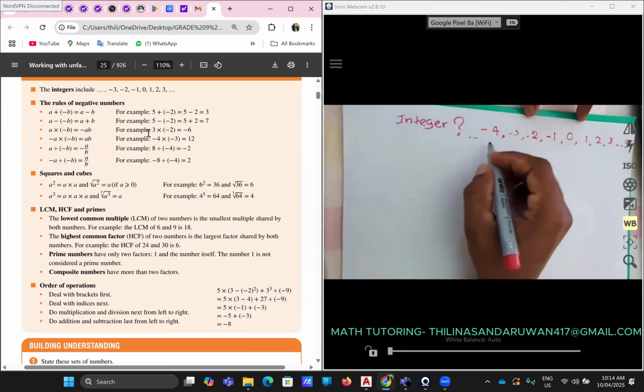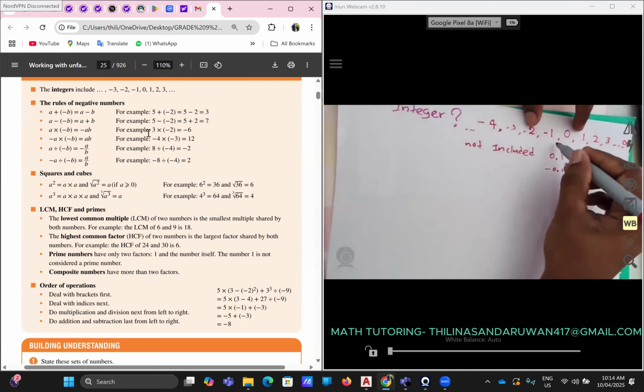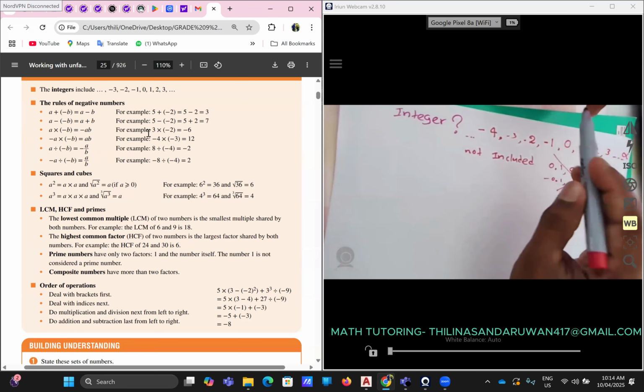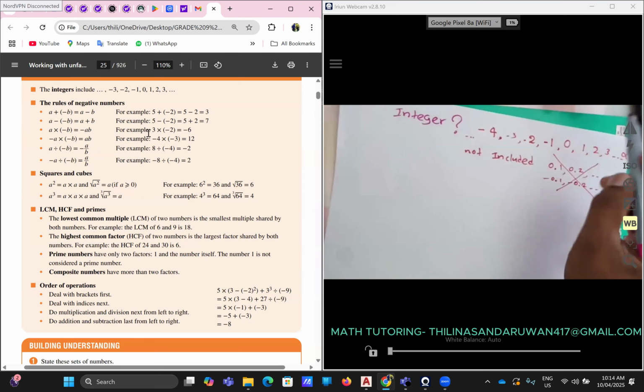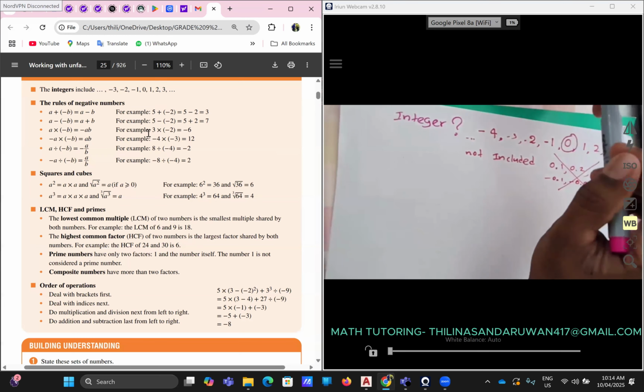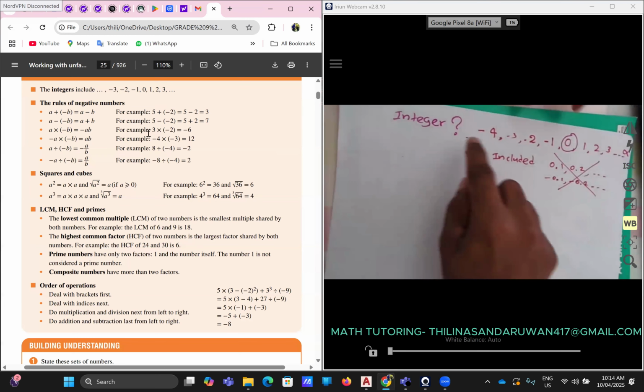Integers don't include decimal numbers. These are not included in integers, and you must know that 0 is included in integers. That is the main important thing you must know: no decimal numbers, and 0 is included. So the first point is okay.